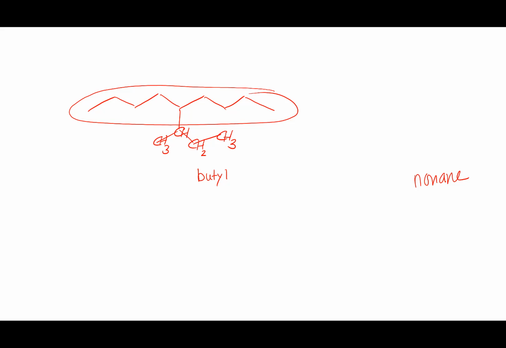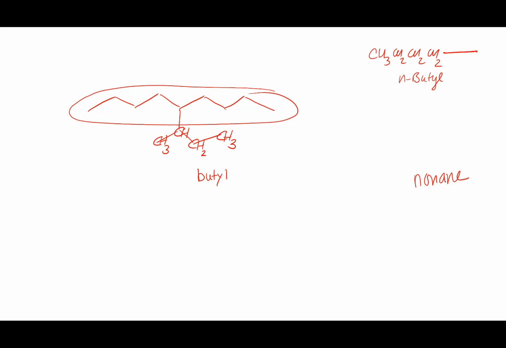Well, in terms of naming the groups, if you have 4 carbons in a chain, and it's attached at the end of the chain, and it's a straight chain with no branching, that's called either butyl or N-butyl. The N is optional, so you can have N-butyl or you could say butyl.